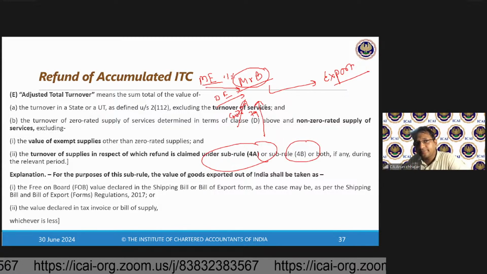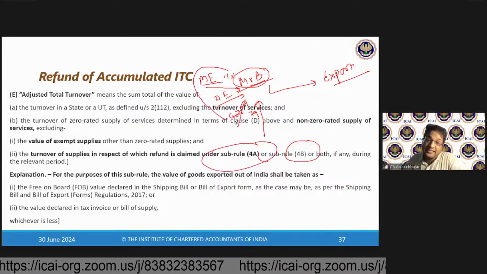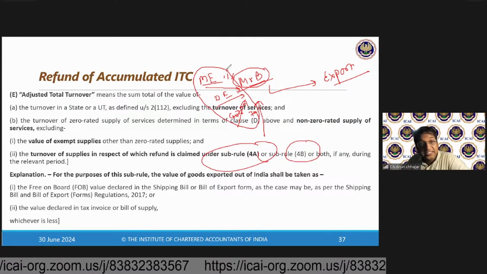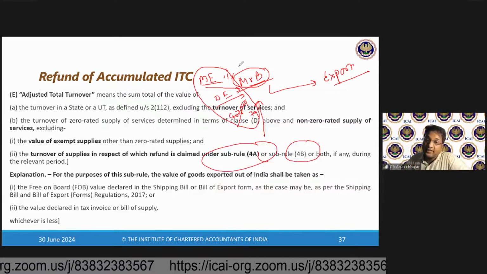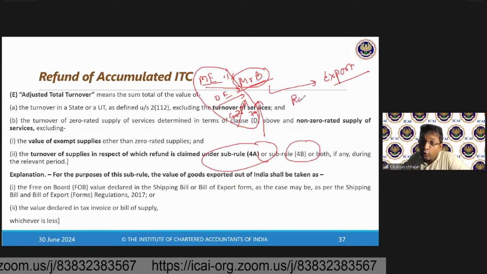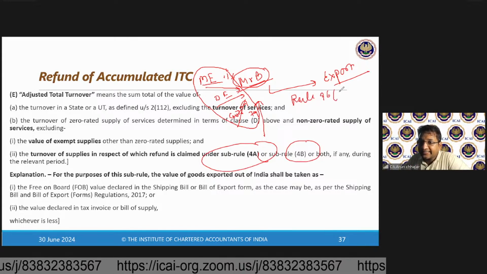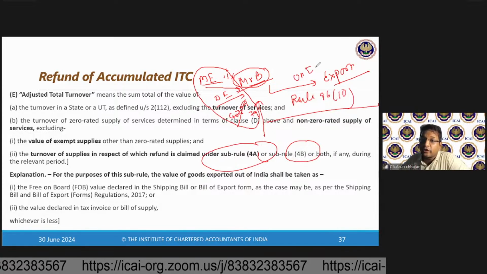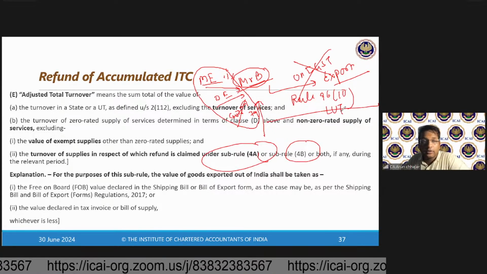Try to understand, if an exporter has purchased the goods at a concessional rate notification, then first point, as per rule 96-10, he cannot do the export on IGST. This route is not available to him. He has to compulsorily go under the LUT route.